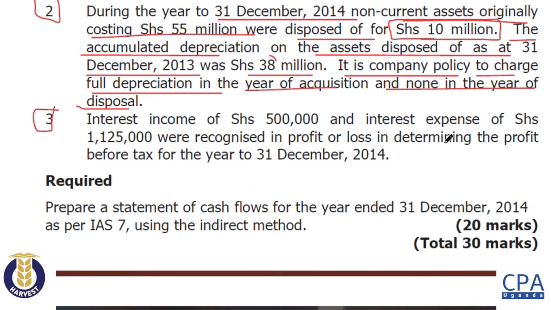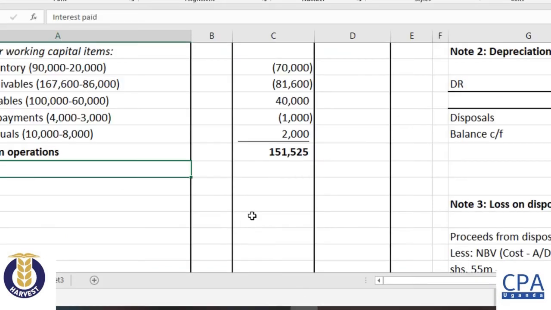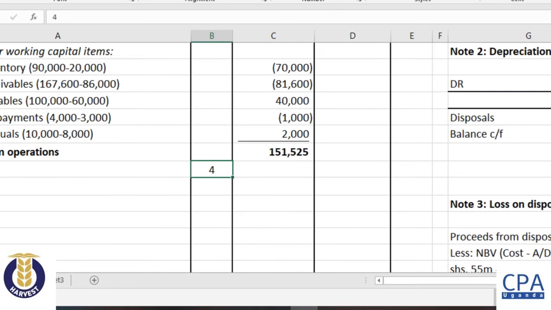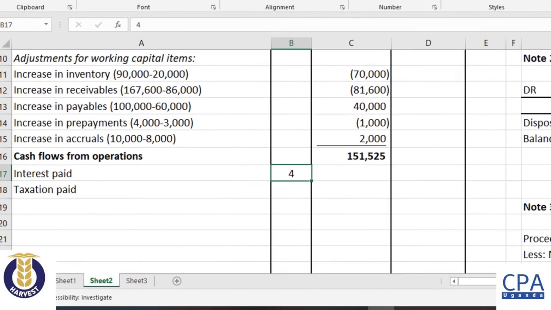We saw an interest expense of 1.125. So it means that this 1,125,000 interest expense for the year is not actually the cash that was paid, because there is a liability outstanding. So that tells me that I need to reconcile the opening and closing balances together with the charge for the year to determine exactly how much interest was paid.